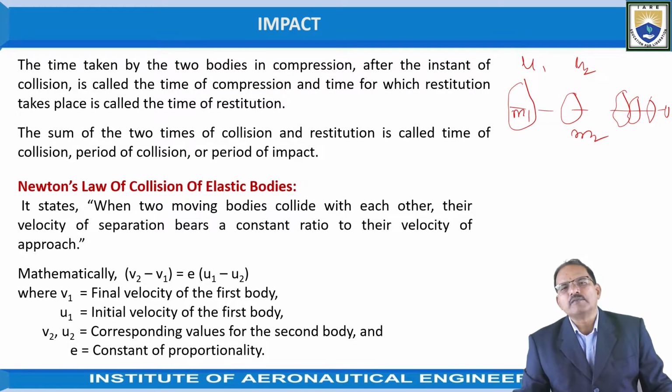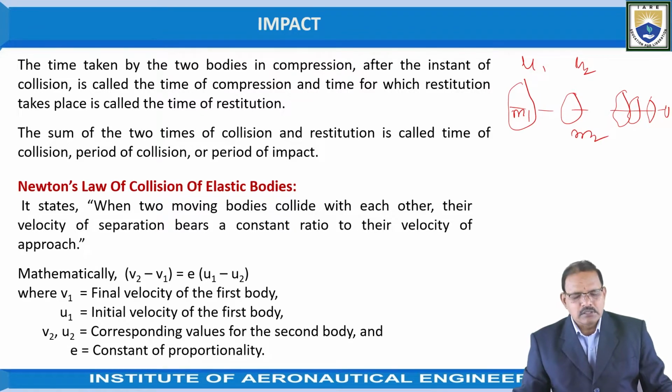Newton's law of collision of elastic bodies. When two bodies collide with each other, the velocity of separation, that is V2 minus V1, always has a constant ratio with the velocity of approach.